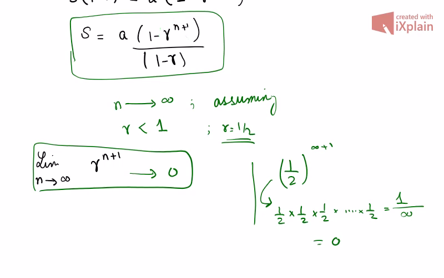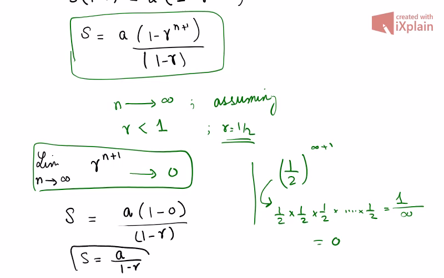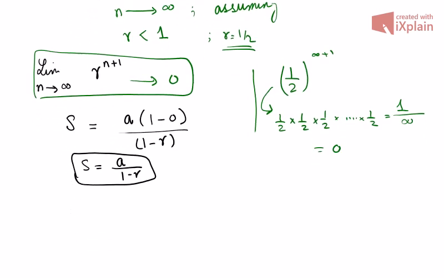So if this term r raised to the power n plus 1 approaches 0 for n approaching infinity, our sum becomes equal to a times 1 minus 0 over 1 minus r, which is actually equal to a over 1 minus r. So this is the expression.